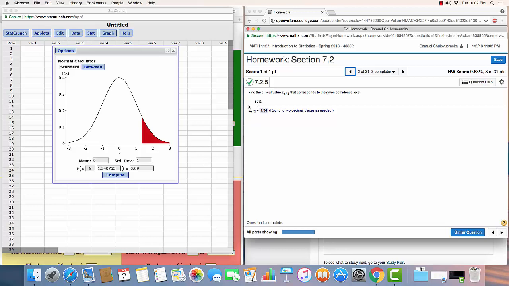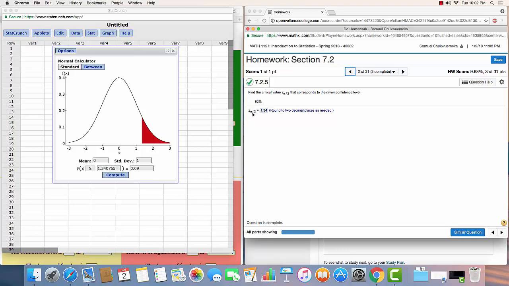I hope it makes sense. This is the confidence level, not the significance level. So alpha is the significance level. They give you the confidence level, and Statcrunch uses the significance level, so you subtract from 1 to get the significance level. 100% minus 82% is 18%.